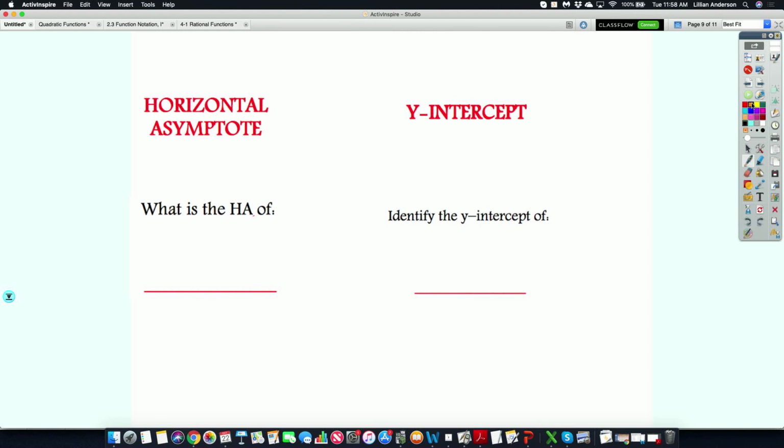Let's talk about the horizontal asymptote. Okay? Horizontal asymptote. What do I look at for that? The degree. So I have (x + 1) over (x squared minus x minus 12).